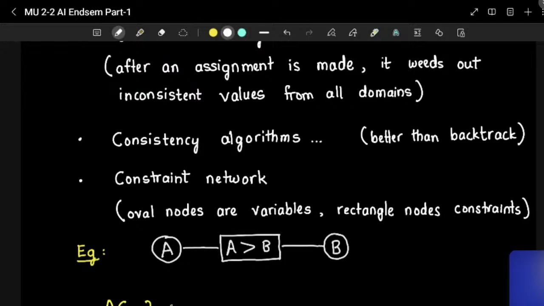Here everything is a node. Oval nodes represent variables, rectangular nodes represent constraints. Edges do nothing, they simply join the variable and the constraint. They simply join rectangles and ovals, that's it. But in constraint graph, the edge represents a constraint. So this is constraint network.